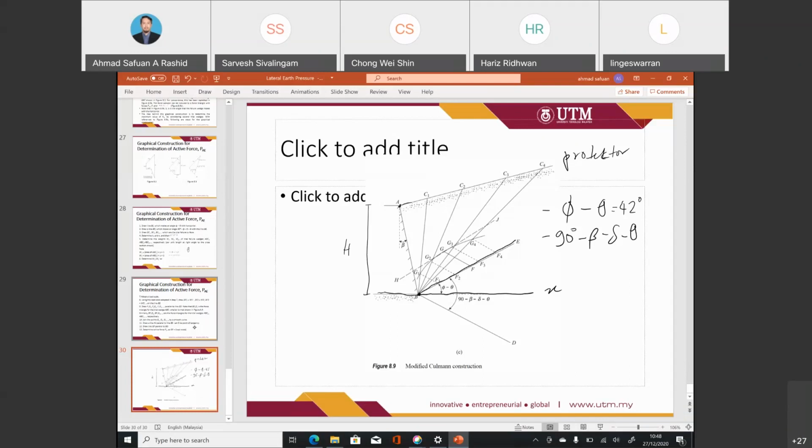So that will be the next step. Then by using the same protractor, referring to BE, we may extend the angle and draw BD. So this is the second step. That is the BD.